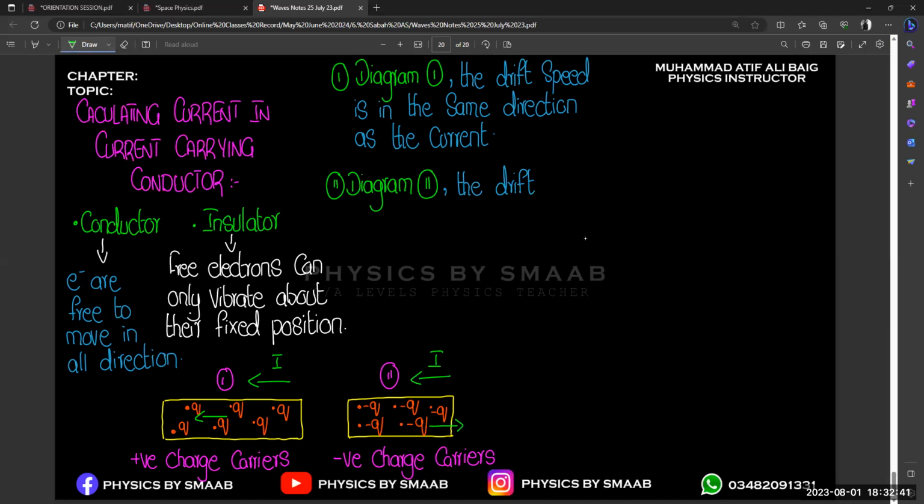Now you can see that the direction of drift speed is completely opposite compared to the previous situation. So the drift speed is in the opposite direction to the current, right? Clear? Any confusion? Nope, it's clear.